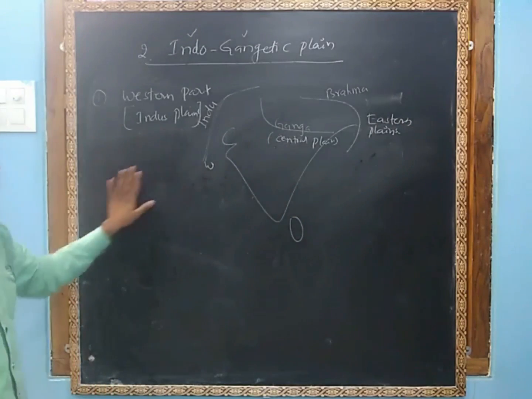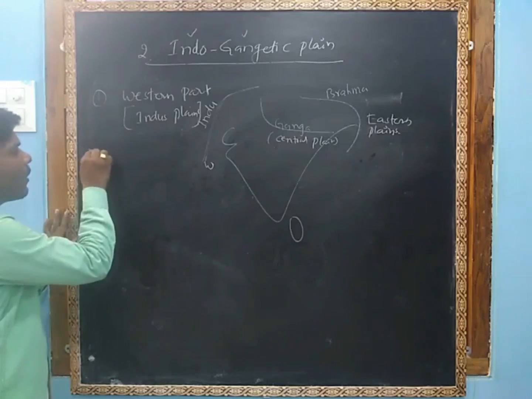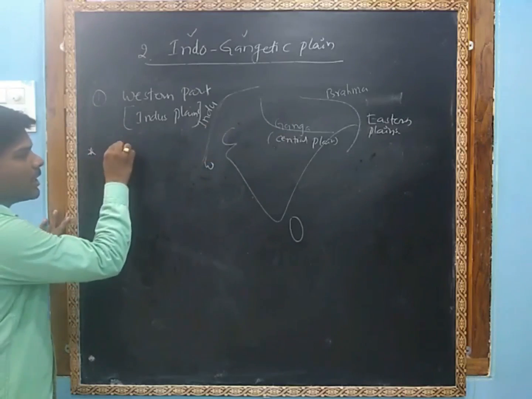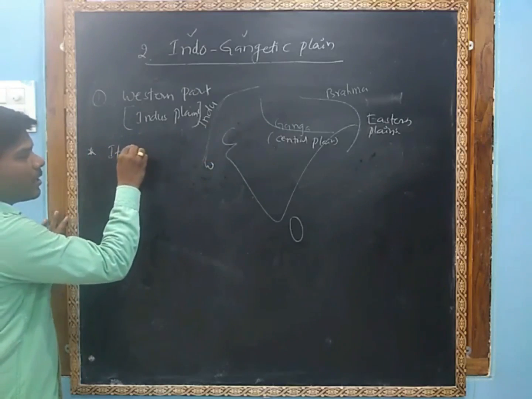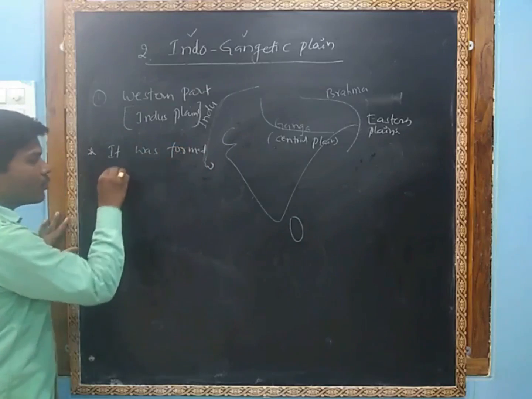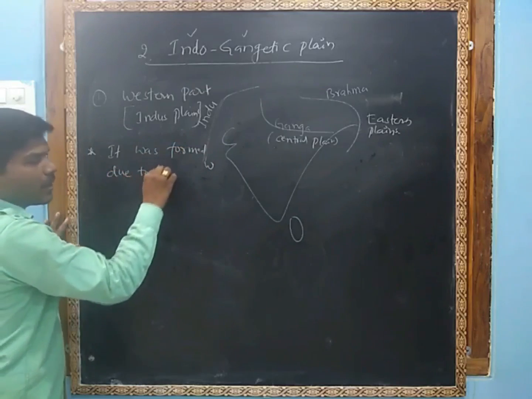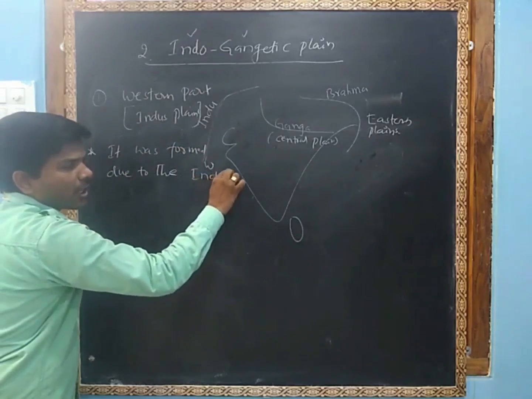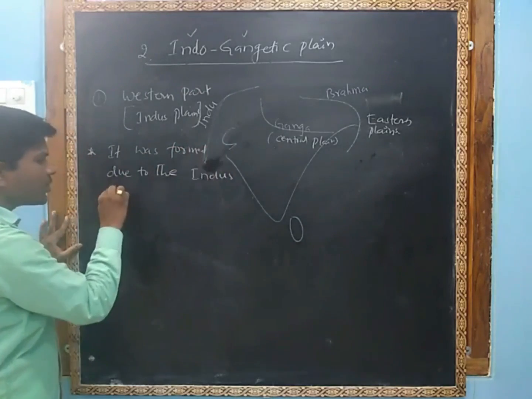How was the western part formed? It was formed, very very important, due to the Indus and its tributaries.